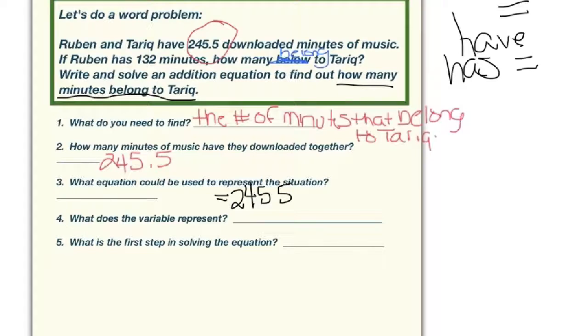If Ruben has 132, Tariq has some number, and the total is 245.5, hopefully you would say, well, that's pretty easy. 132, Ruben's amount, plus, instead of using T, because it might look like the plus sign, let's use Q. 132 plus Q equals 245.5. What does the variable represent? It represents Tariq's minutes.